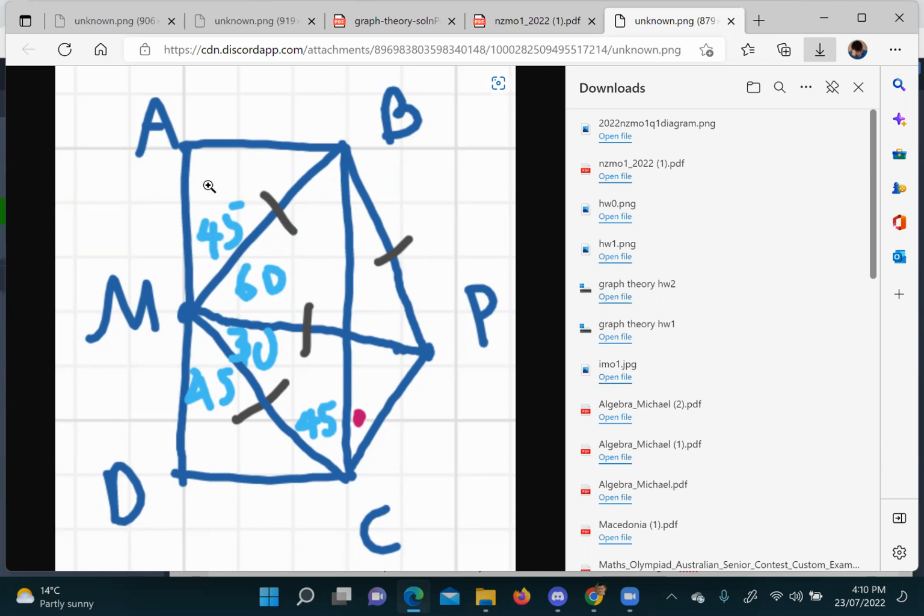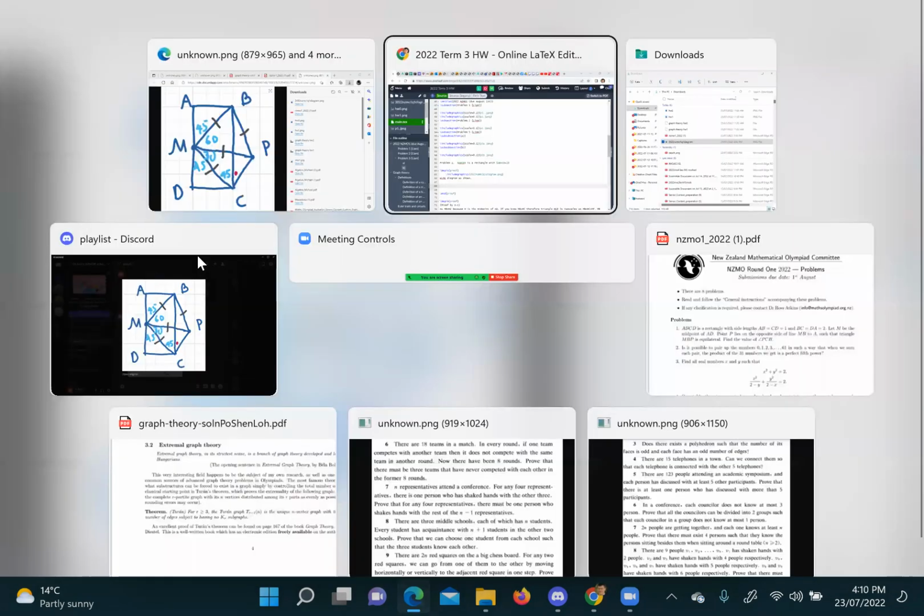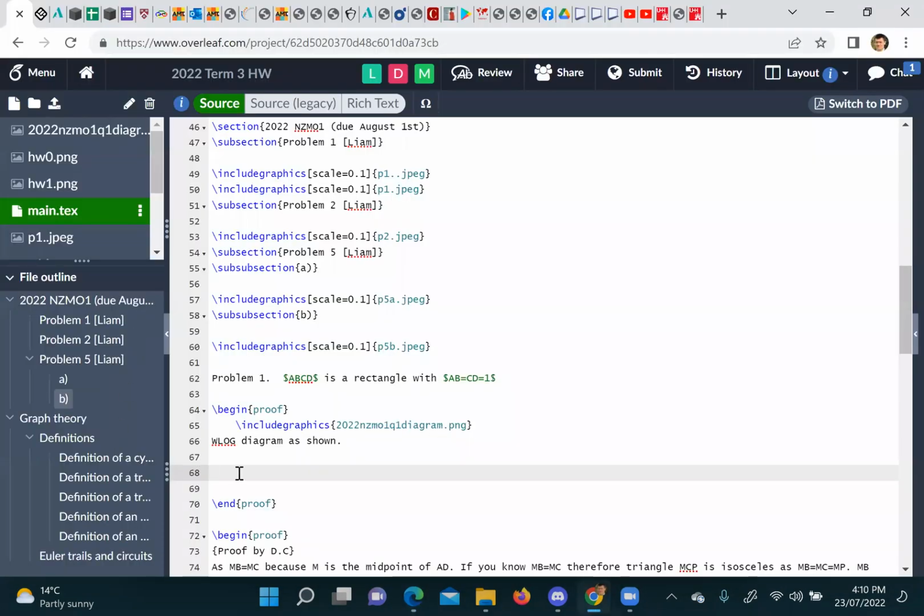Then you realize these have to be equal sides. Then you might consider taking it a step back. You could start the proof like this: AM equals 1, M is midpoint.